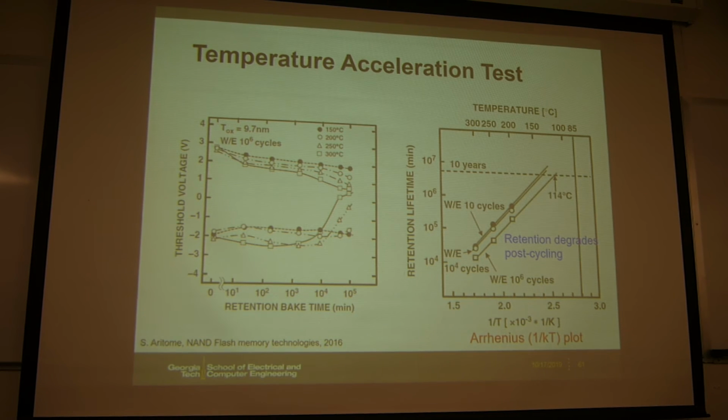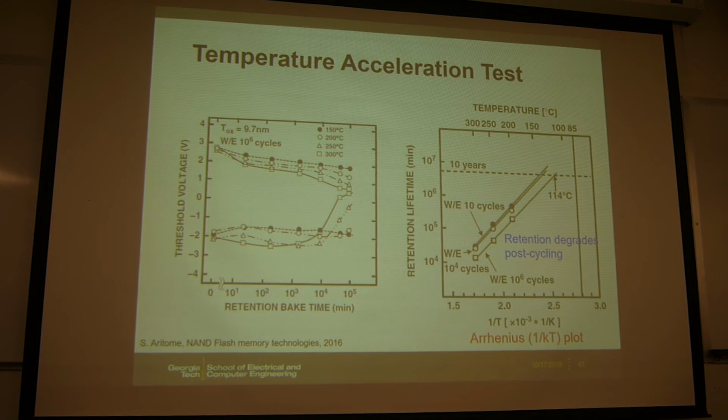So how do we characterize this kind of data retention problem? And the typical way to do this is to do this temperature acceleration test, because this process happens very slowly at room temperature. The data retention, or let's say the data loss, is very slow at room temperature. So you may see this kind of loss over years, right? Over maybe 1 year, 2 years.